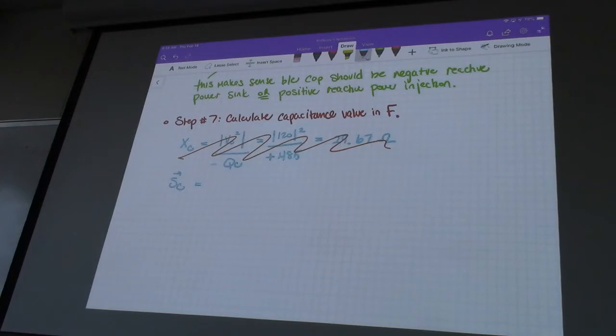Sometimes I wonder if I just was doing it without my previous notes, I would actually be doing it faster. Okay. We have that equation there.